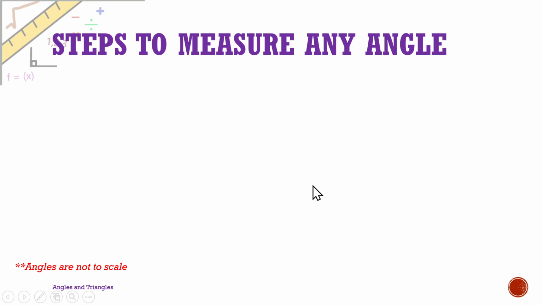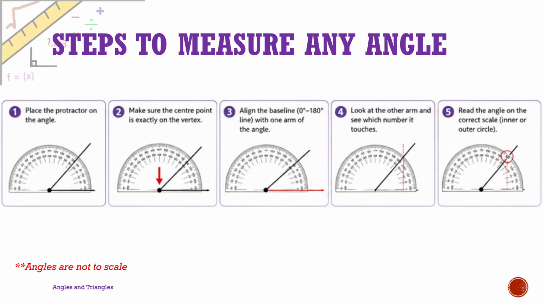Let's see the steps to measure any angle. These are going to be really helpful. Step 1. Place the protractor on the angle, like this. Assume this is my angle. I am placing the protractor on the angle. Step 2. Make sure that the center of the protractor is exactly over the vertex. Step 3.